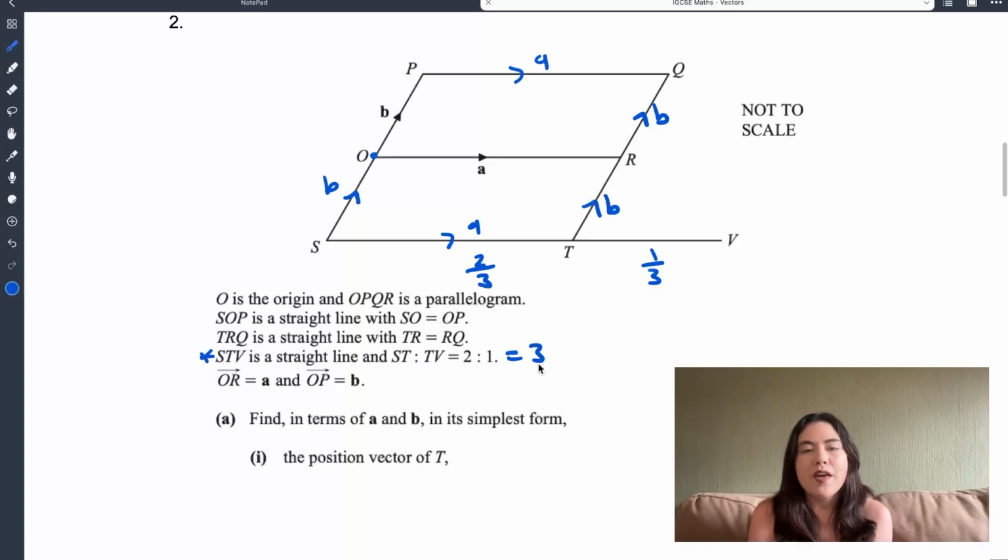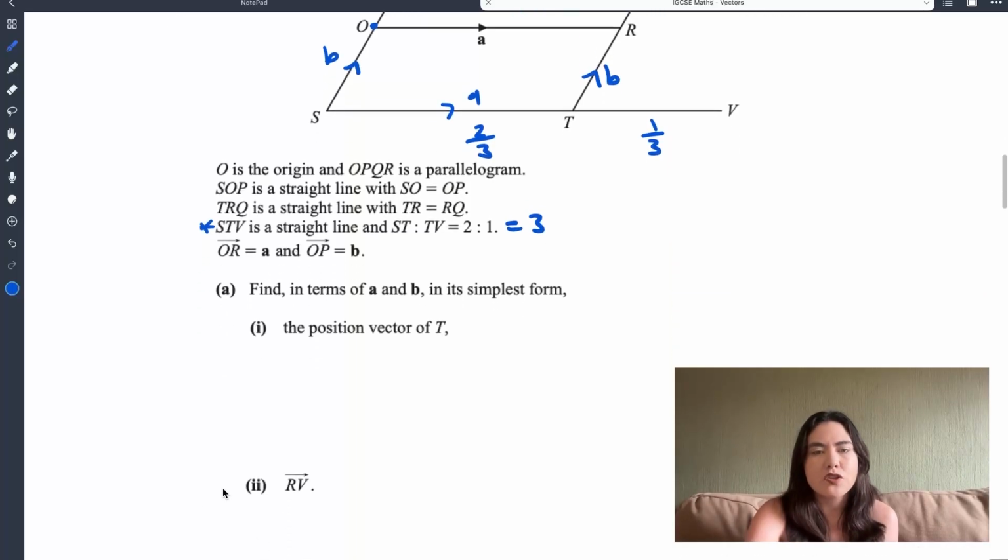Find in terms of A and B, in its simplest form, the position vector of T. What is a position vector? Let's ask ourselves that question first. A position vector, and this is very important to understand, is a vector from the origin. Okay, so let's just quickly make sure that you understand that.